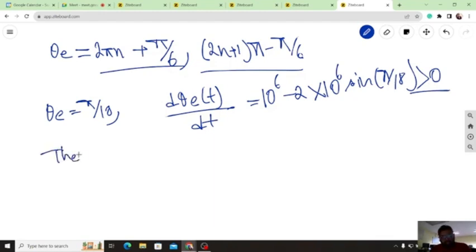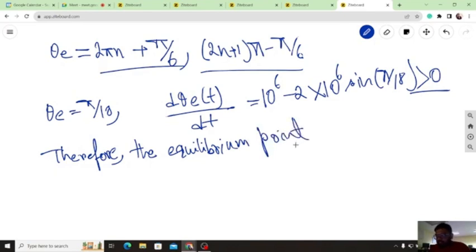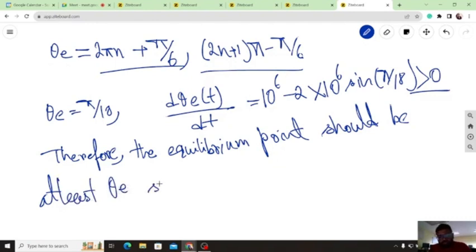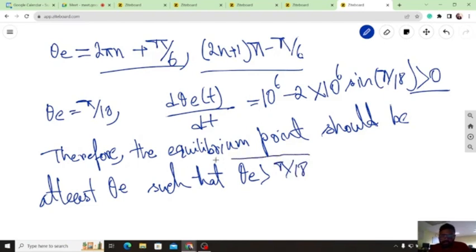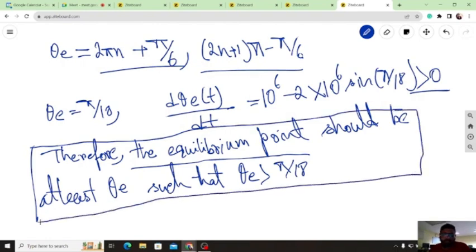So therefore we can comment that the equilibrium point should be at least theta e greater than pi by 18, and also d theta e by dt equal to 0.